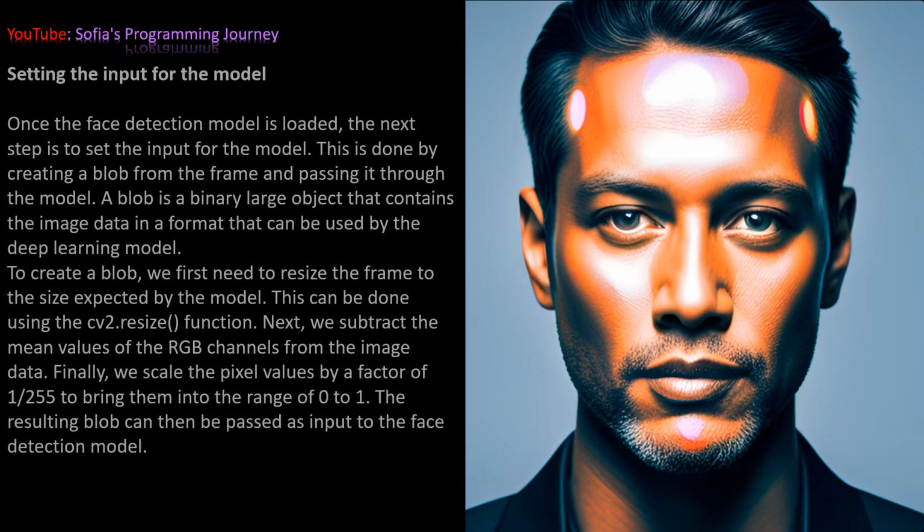This can be done using the cv2 resize function. Next, we subtract the mean values of the RGB channels from the image data. Finally, we scale the pixel values by a factor of 1/255 to bring them into the range of 0 to 1. The resulting blob can then be passed as input to the face detection model.